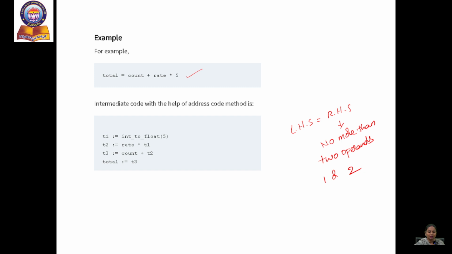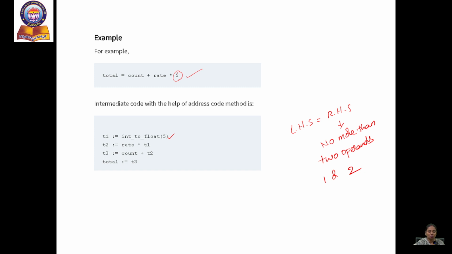So here we have an integer value, but whenever we are working with the rate, definitely we are going to get values with decimals. So first it is going to convert this integer value into a float value, so T1 is assigned equal to int to float of the value 5. Next, considering T2, already in T1 we have the 5, so the 5 will be multiplied with the rate.